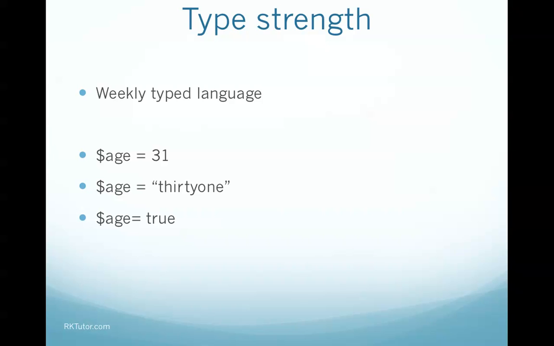Then what is a strongly typed language? For example, C is a strongly typed language. That means you have to define the variable like int age, meaning age always holds integer values. That's why PHP is called a weakly typed or dynamically typed language.